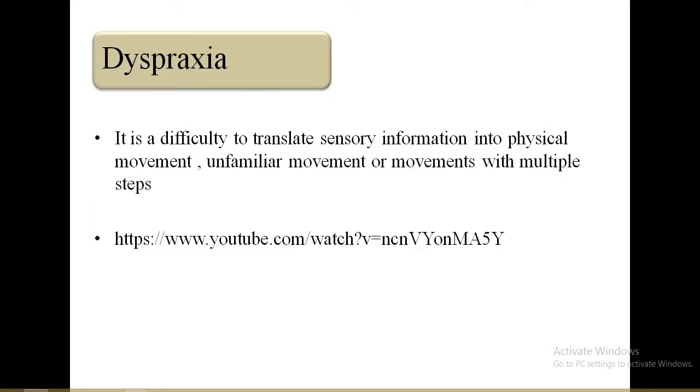Dyspraxia is a difficulty to translate sensory information into physical movement, unfamiliar movement, or movement with multiple steps. To understand dyspraxia, we need to understand praxis. Praxis is the ability to perform a novel task.